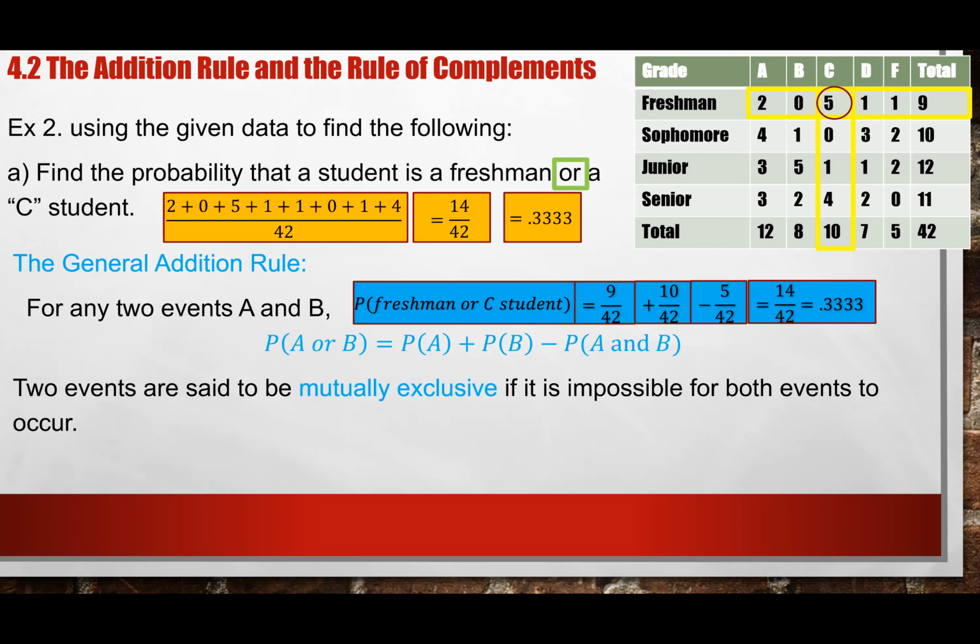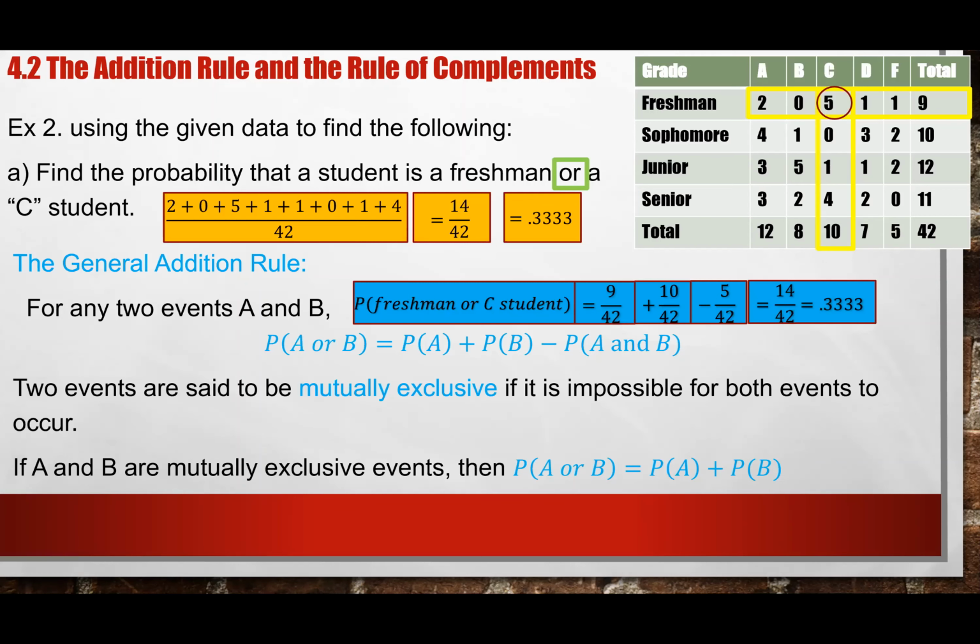So last time, if you remember your freshman and your sophomore, we cannot pick one student who fits both descriptions, right? I don't have one student who fits both the freshman category and the sophomore category. So that will be your mutually exclusive event. And for a mutually exclusive event, all you have to do is find the probability of the first event plus the probability of the second event, and we're done.